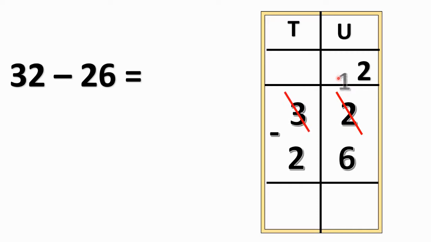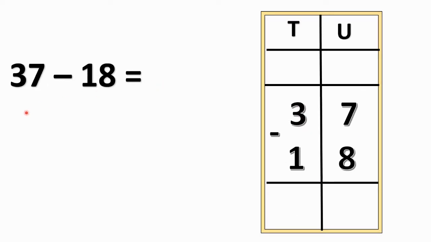So here 12 and 3 becomes 2. So first we will do the units place. 12 subtract 6 is equal to 6 and 2 subtract 2 is equal to 0. So 32 minus 26 is equal to 6.